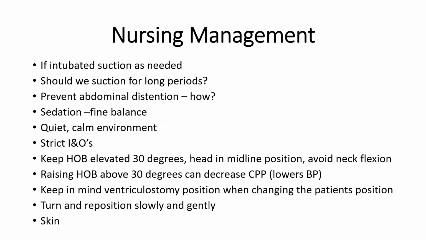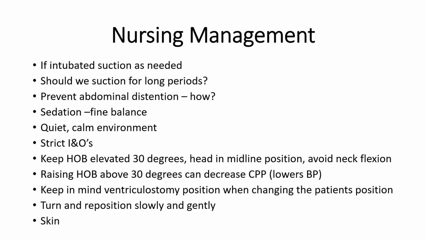Keeping that head of the bed elevated just about that 30-degree mark. So 30 to 45 degrees is great for neuro patients, especially with increased ICP. It's very important to keep that head in the midline position, avoiding any neck flexion or extension, or turning the head side to side, since very quick side to side moves would increase ICP.